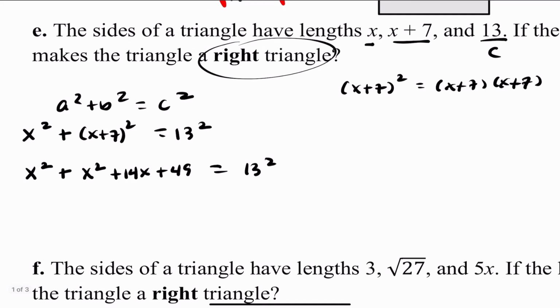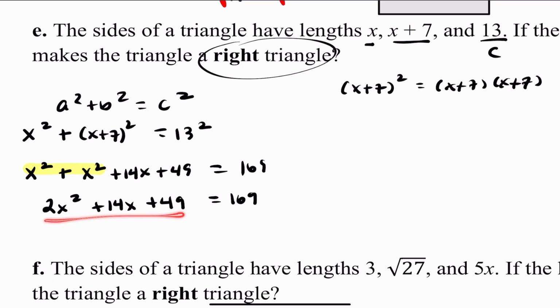Okay, so this 13 squared is actually 169. Notice that I can combine two of these x squareds. So x squared plus x squared is not x to the 4th power. It's actually 2x squared plus 14x plus 49 equals 169.